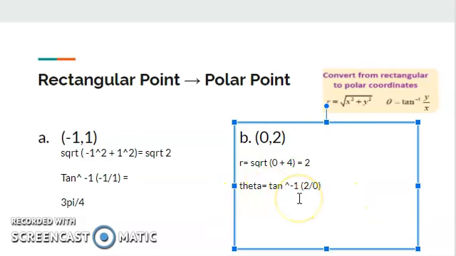So we can just assume that our theta is going to be pi over 2, since that's where 0, 2 would be. It is also a value where tan is undefined, and it's on the same axis as the point 0, 2, so our final polar point is 2, pi over 2.